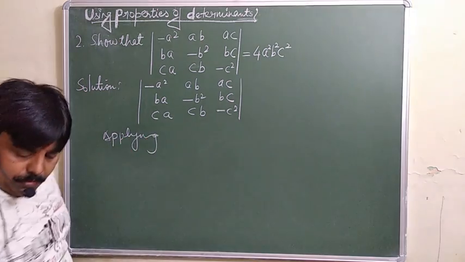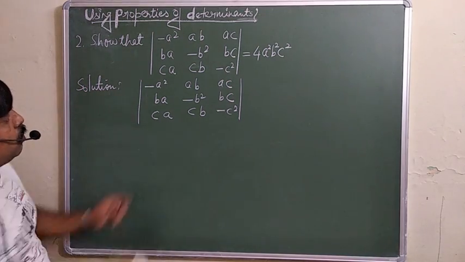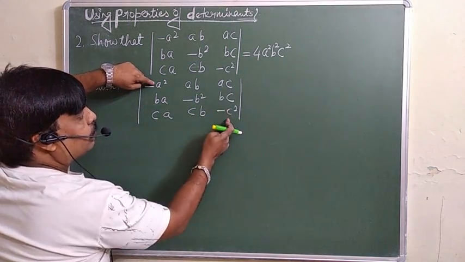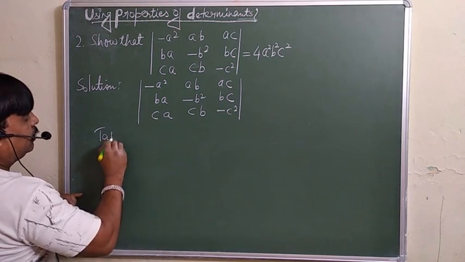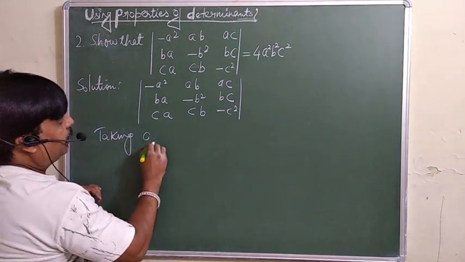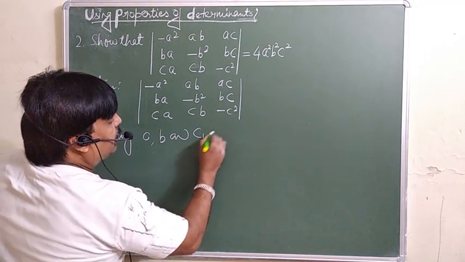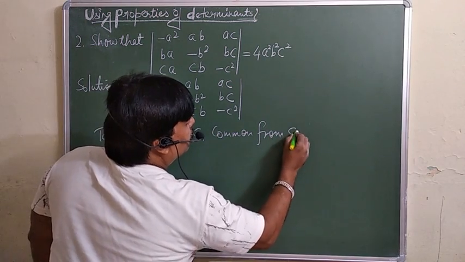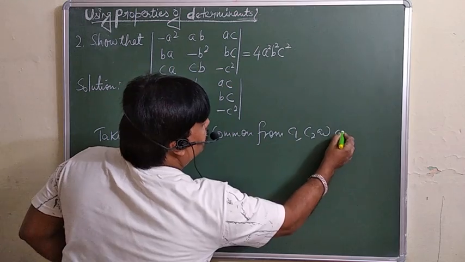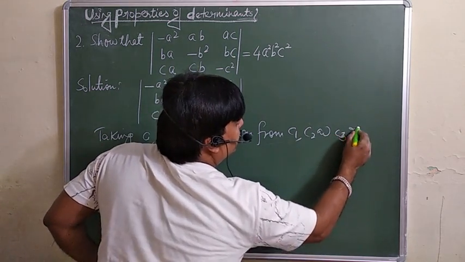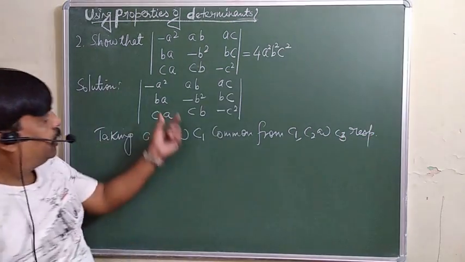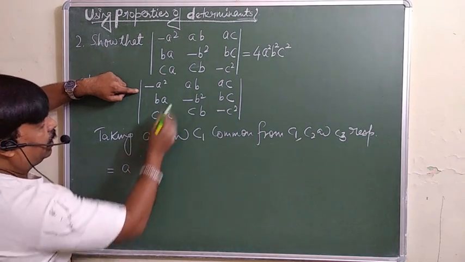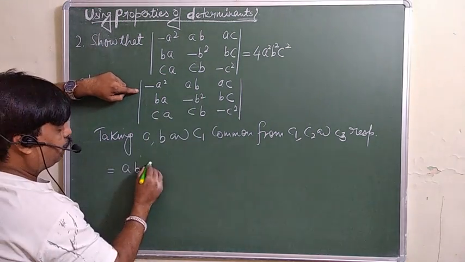We can take a common from the first column, b from the second column, and c from the third column. So just write down, taking a, b and c common from C1, C2 and C3 columns respectively.